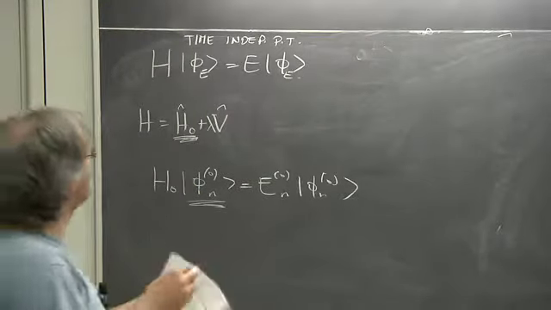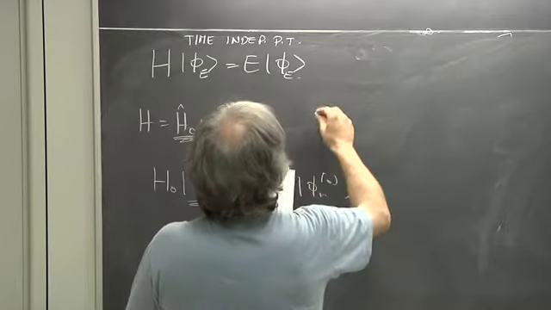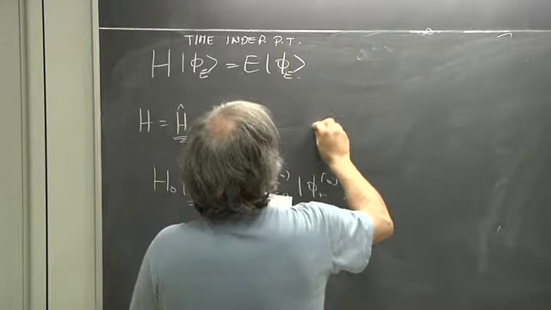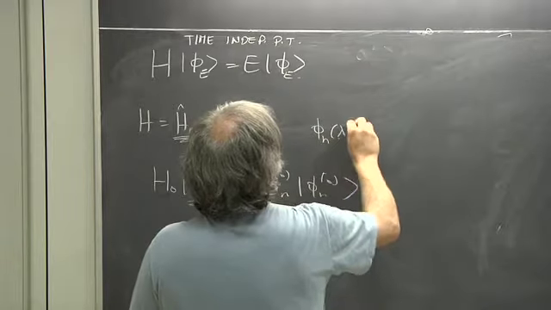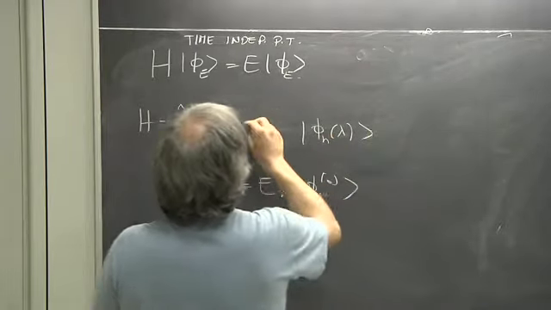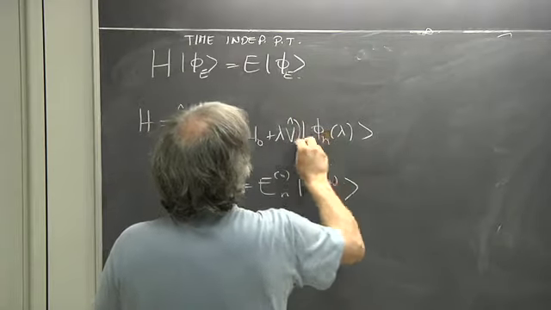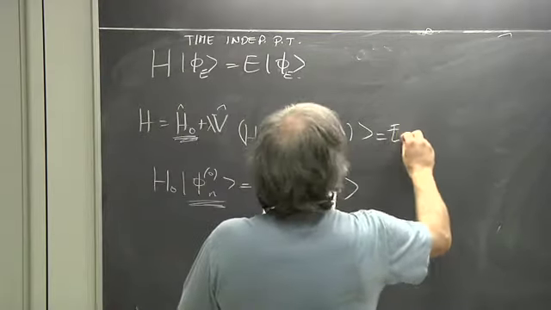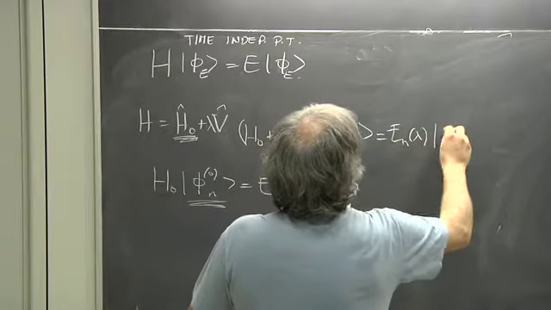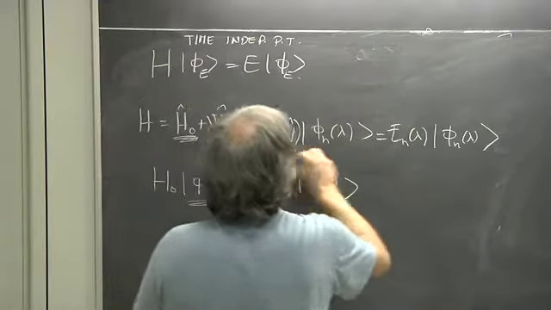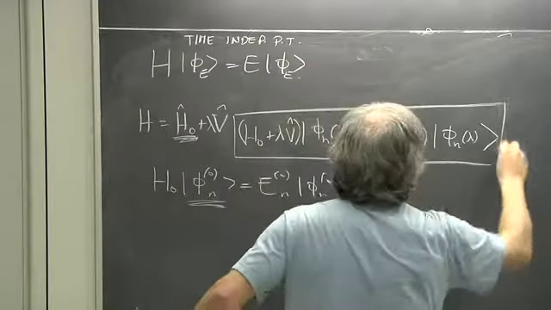So the result I would like is to find new states, let's call them phi n of lambda, such that H0 plus lambda V acting on phi n of lambda is equal to En of lambda times phi n of lambda. Okay? So this is the problem I would like to solve.